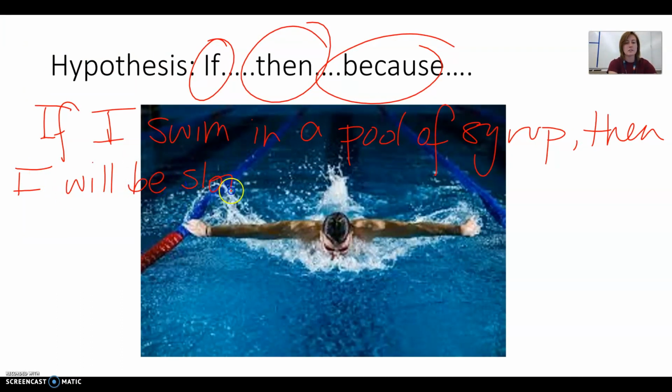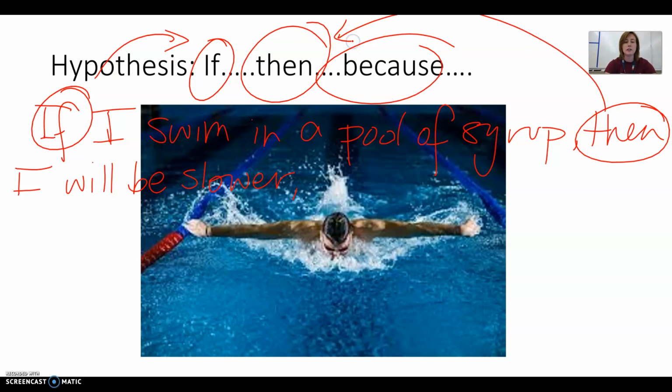Then I will be slower. So I've used if, and I've used then so far. Last I need to say why. So I'm going to use because. And then you put why you think that. So maybe I think that because syrup is thicker than water. So I'm going to say because syrup is thicker.